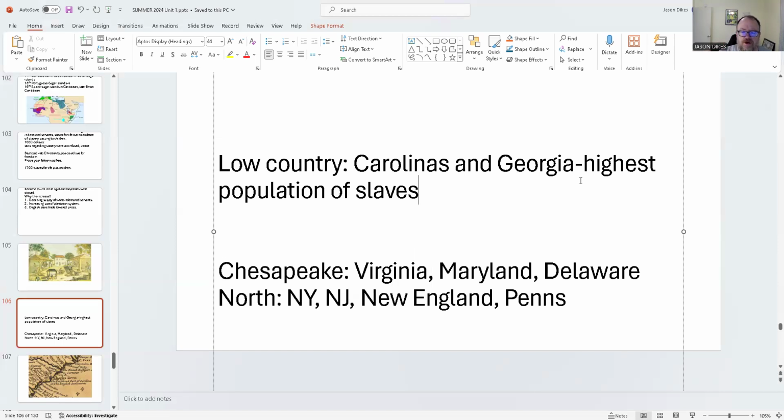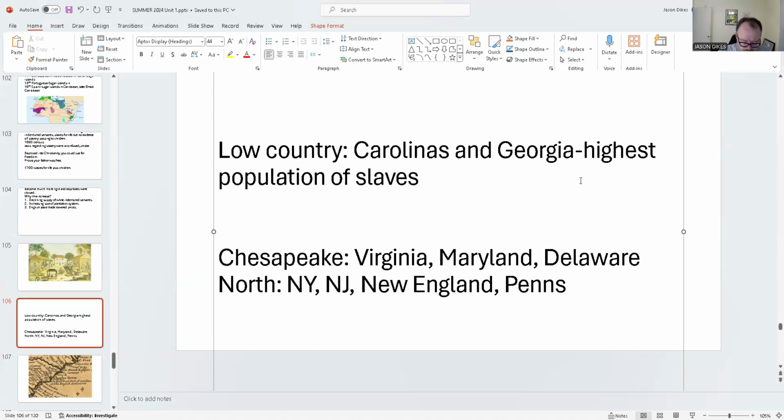There will be places where slaves will outnumber whites 6-1, 7-1, 10-1. All right. The North, as you go further north, you find fewer and fewer slaves.